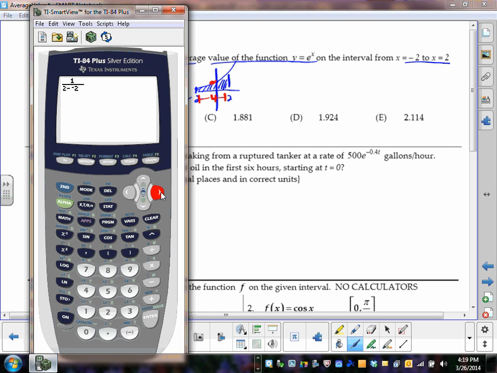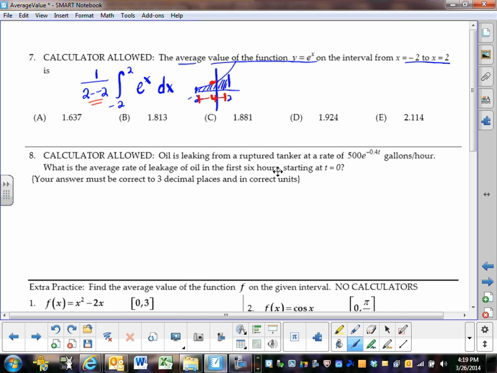It doesn't hurt anything. It really doesn't take me that much longer to double check that I'm correct. Negative 2 to 2. And e to the x dx. So 1.813.